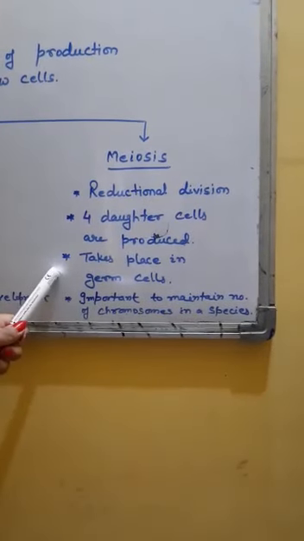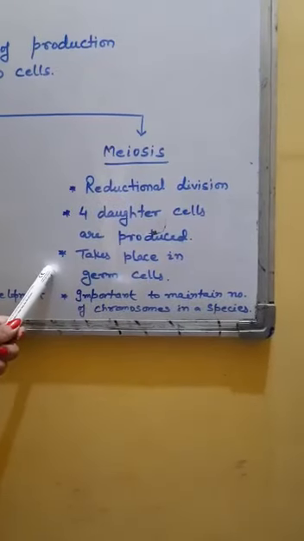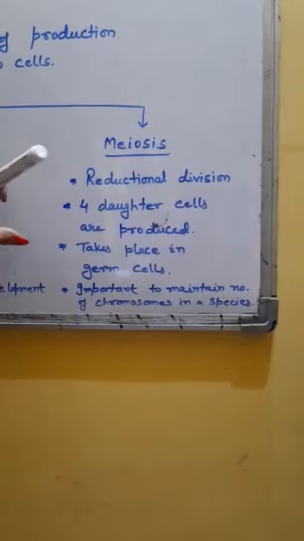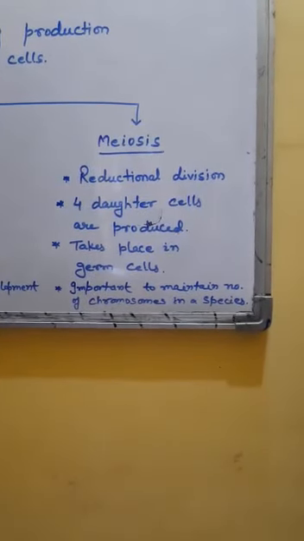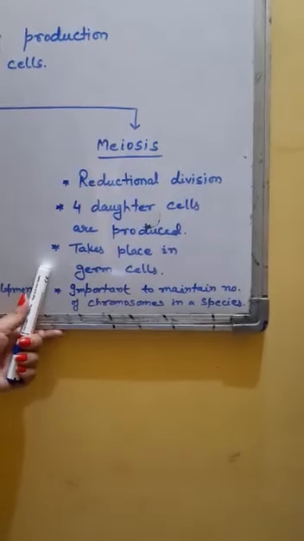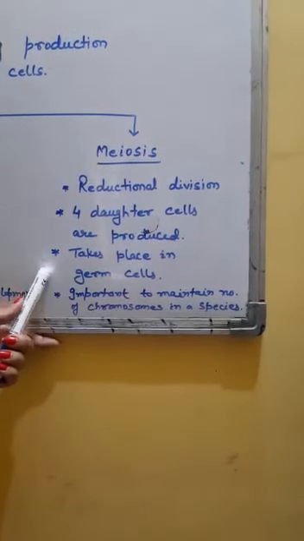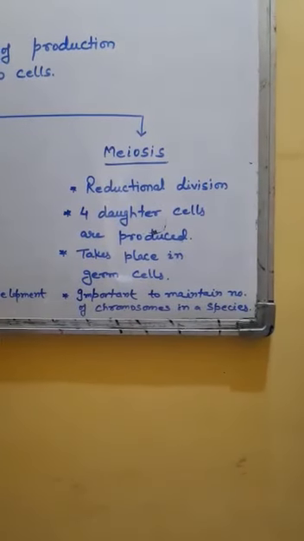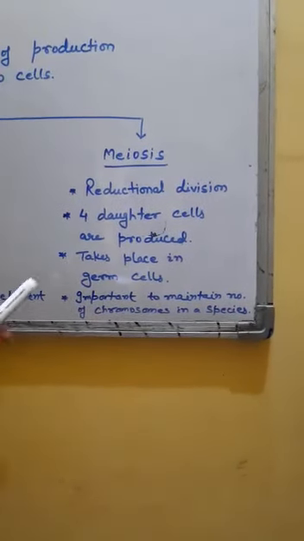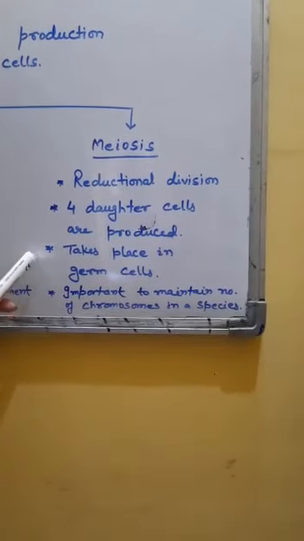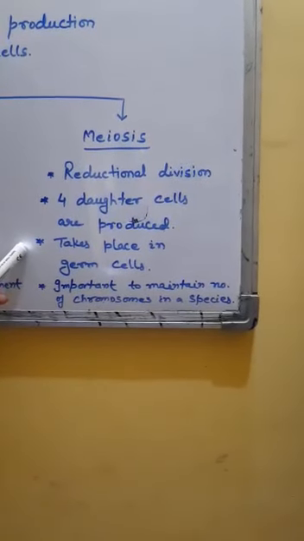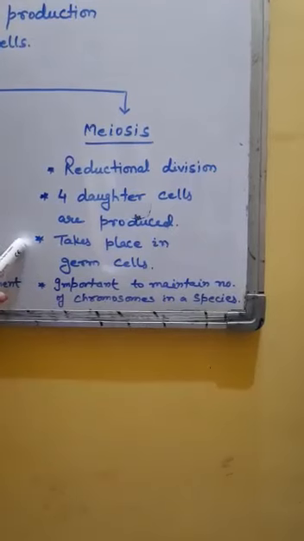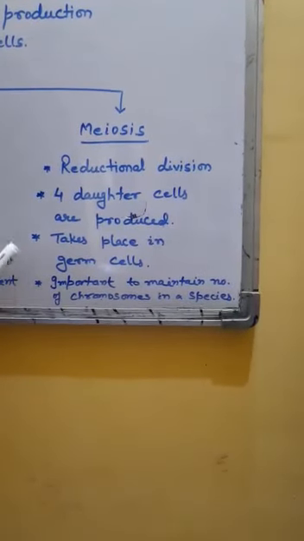It takes place in germinal cells only, that is, reproductive cells. The reproductive cells of an organism show meiosis cell division. Like you have studied in plants, pollen grains, ovary, and in human beings, sperm and ova, all these show meiosis cell division where the number of chromosomes becomes half.